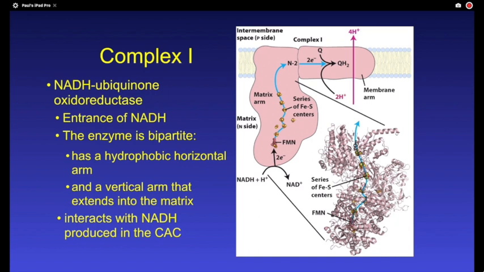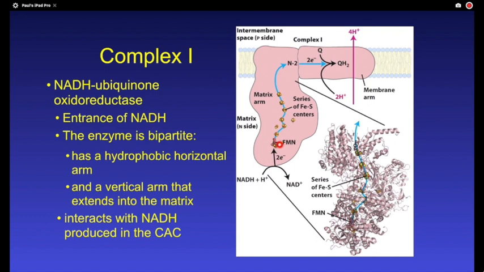Now, looking at the crystal structure of this particular protein, there's a key to this. You can see it just a little bit here, and they articulate it very well here. There is a pocket in which NADH sits. It will then donate its electrons to an FMN. That's the organic species that looks like the FAD carrier.